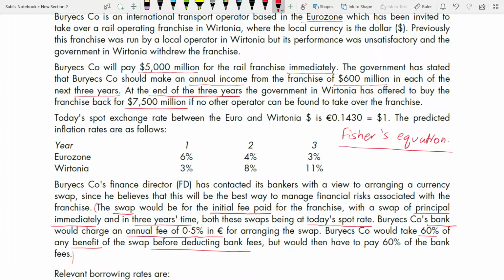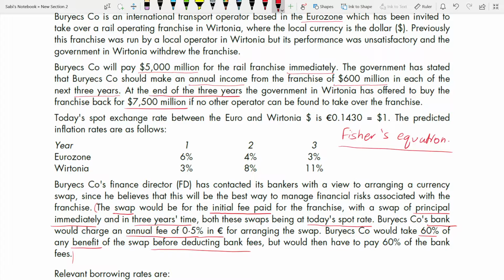So this is not your normal swap where it was 50-50. If they don't give the ratio of how the gain is divided between the counterparty and the company, you have to take 50-50 equally. But here it is given, so it is 60% and 40% for the counterparty. But you have to make sure that it's before deducting the bank fees.